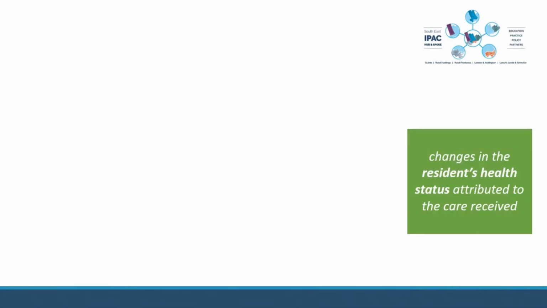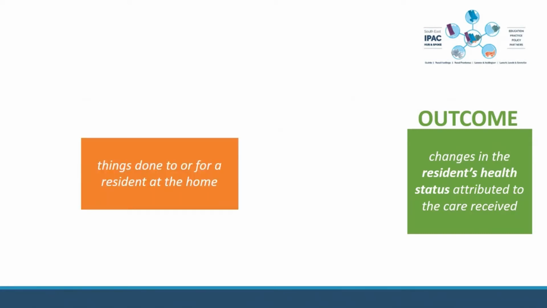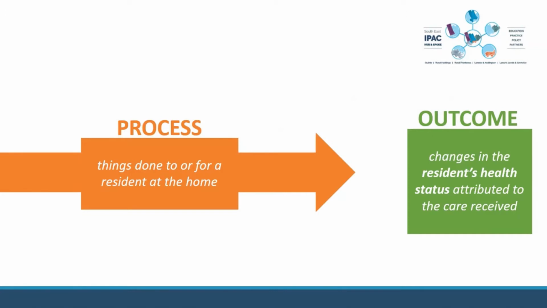So a quick visual summary of what we've just discussed. Outcome surveillance would be the changes in residents' health status attributed to care. And next, we know that this would be process surveillance, the things that are done to or for a resident at the home.